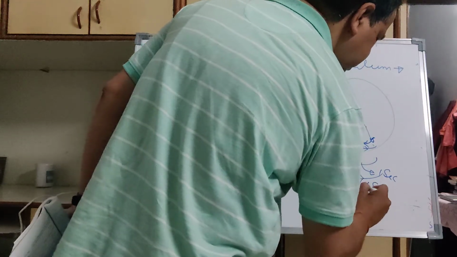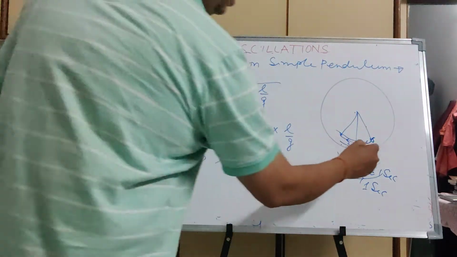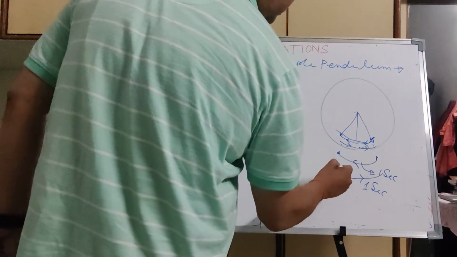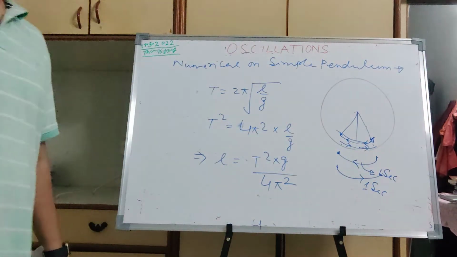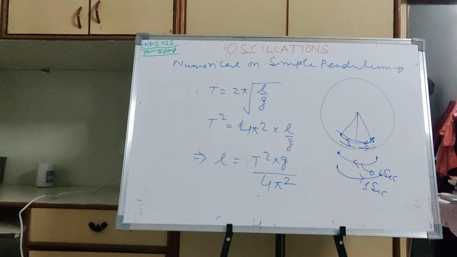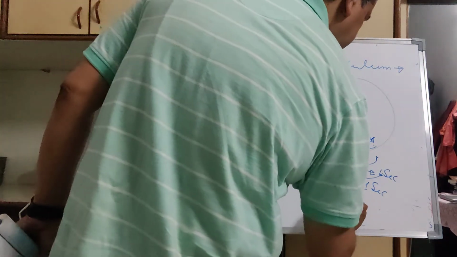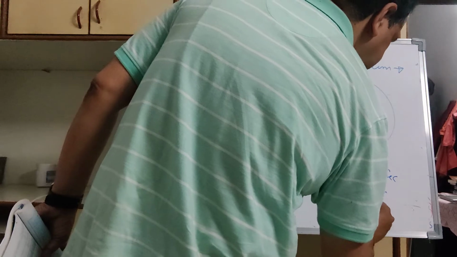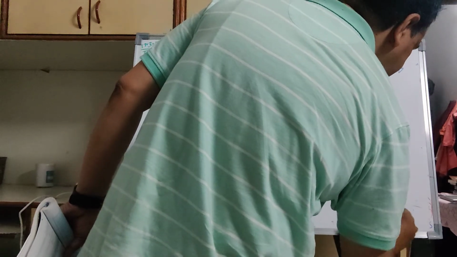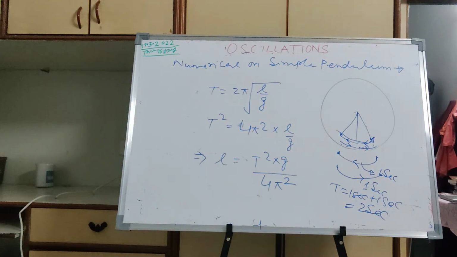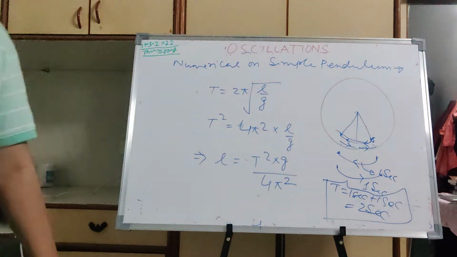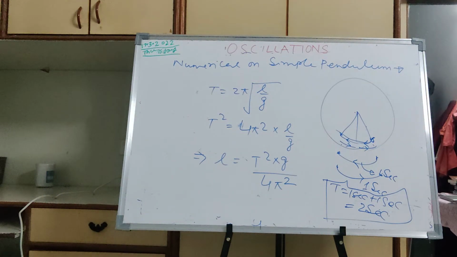That is the time period: starting from here, going to the other extreme, and returning to the initial position. So your time period is 1 second plus 1 second, which is 2 seconds. Your time period is 2 seconds.